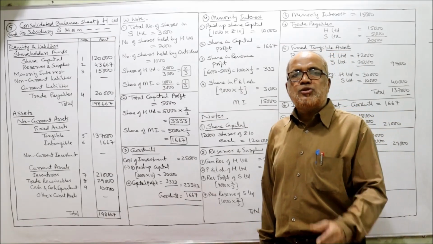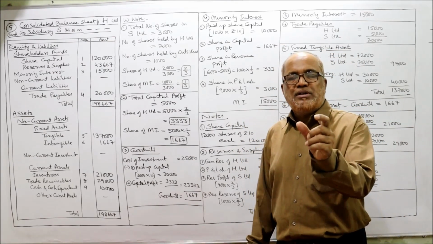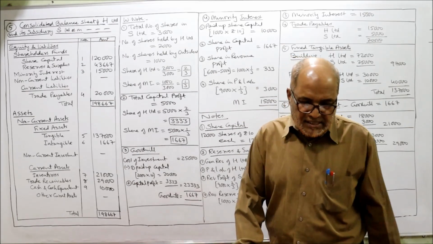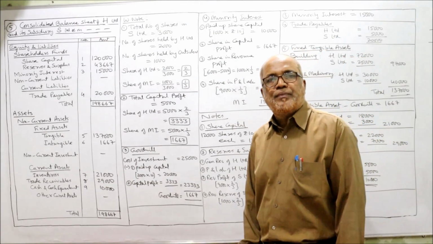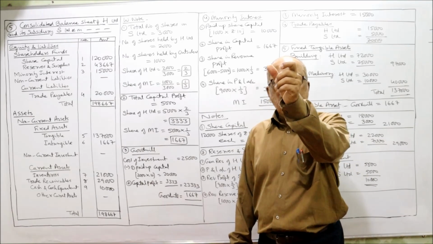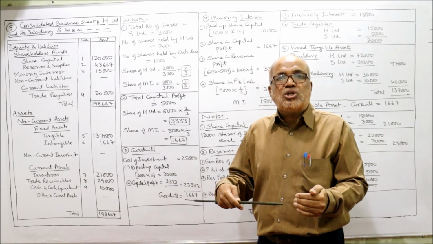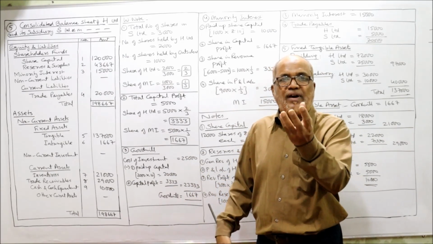Revenue profit, that means profit earned after acquisition. In the problem it is given the reserves were 6,000 as per the balance sheet at the end of the year, but at the time of acquisition of shares, the reserve was 5,000.